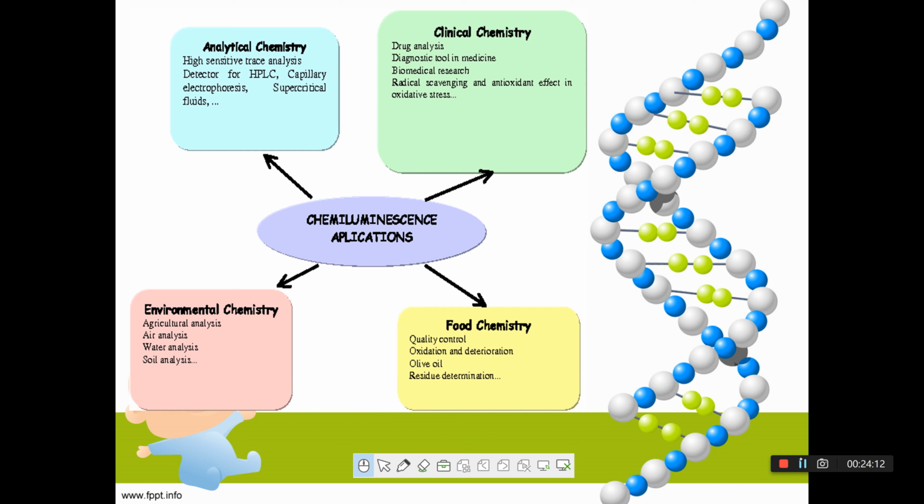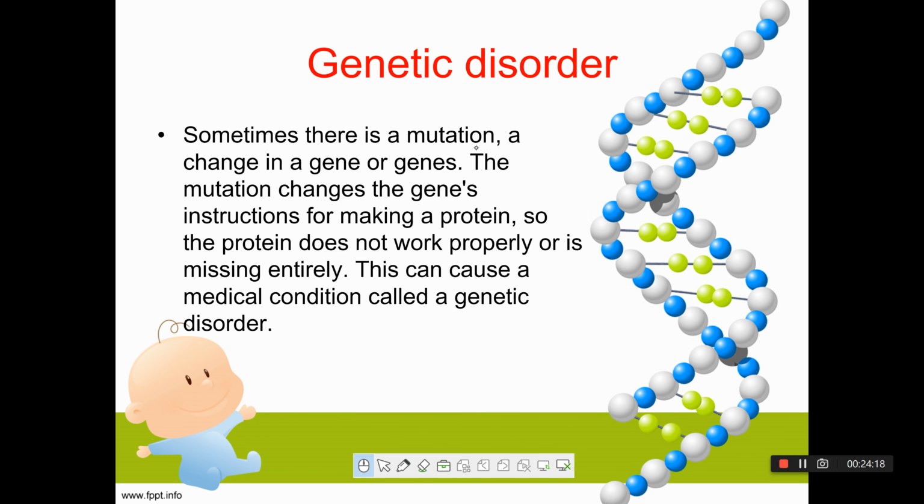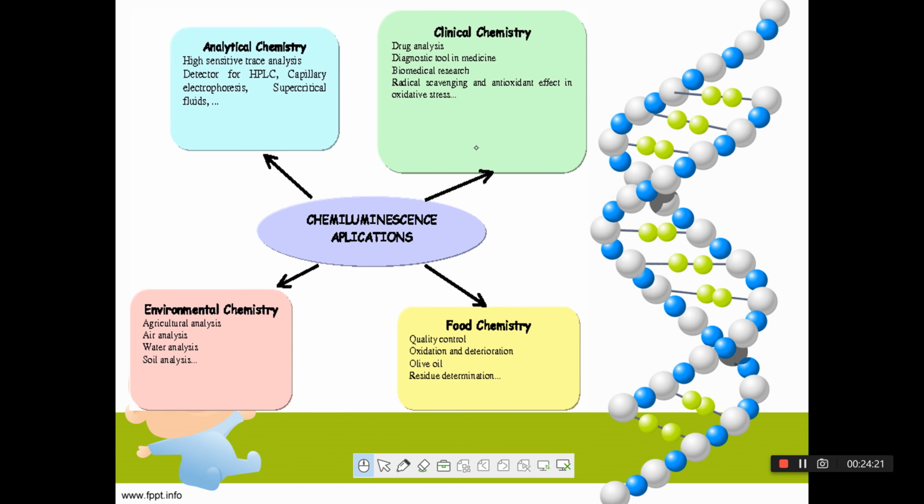In food chemistry also, but our study focuses on clinical chemistry, because in medical genetics we focus on analytical chemistry or clinical chemistry. So the main application of the chemiluminescence is the identification of antigen, antibody, or identification of the drug or diagnostic tool in medicine.